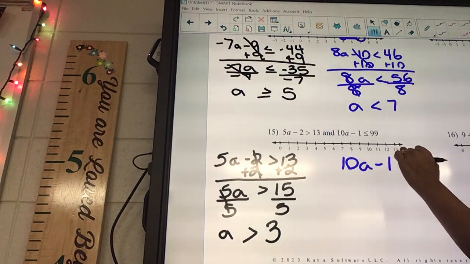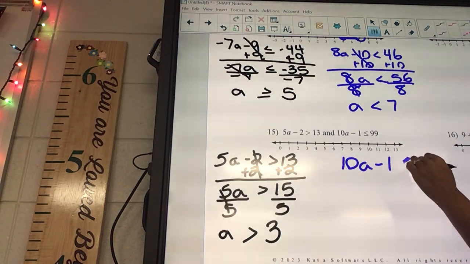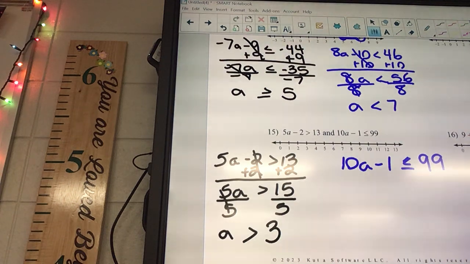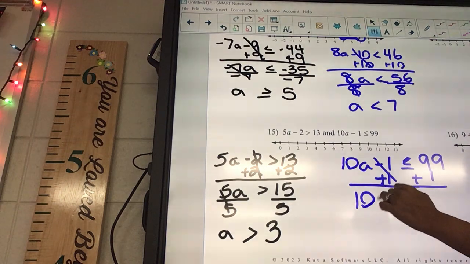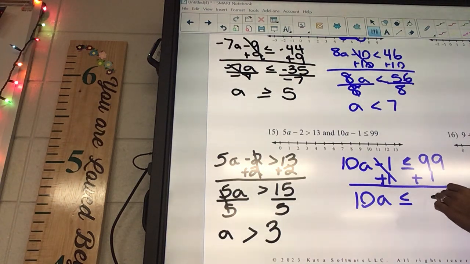10a minus 1, and then I got a 99. Who's the third wheel? A negative 1. Okay, 99 plus 1 is 100.